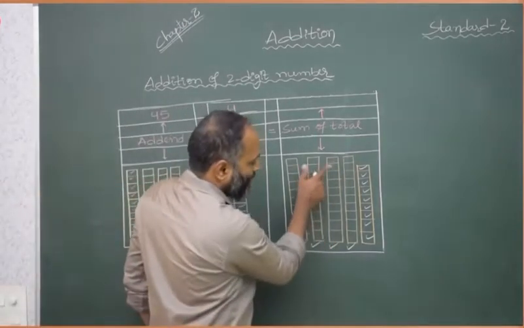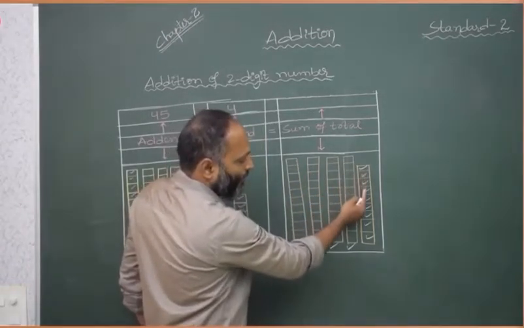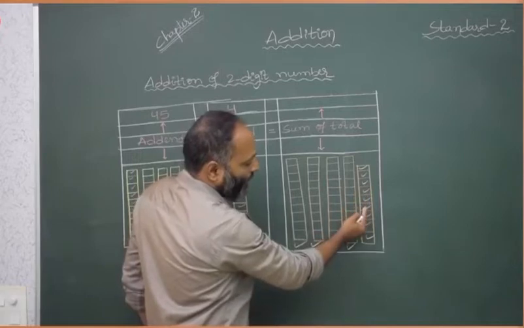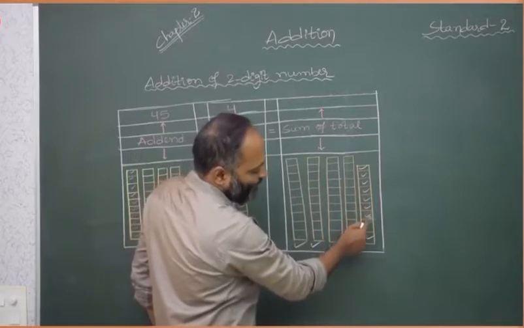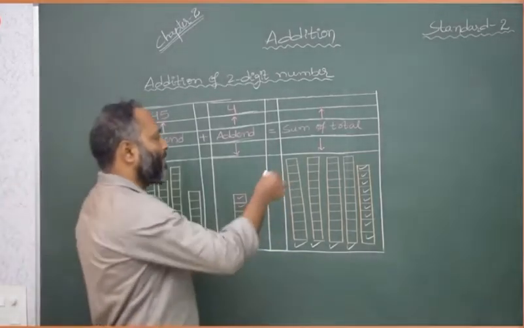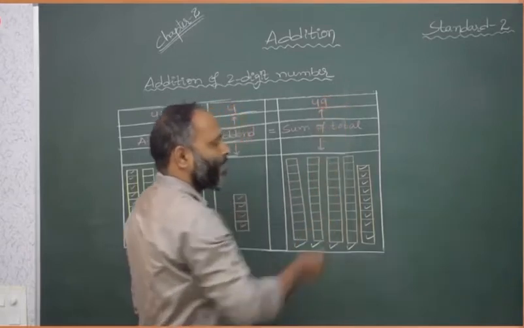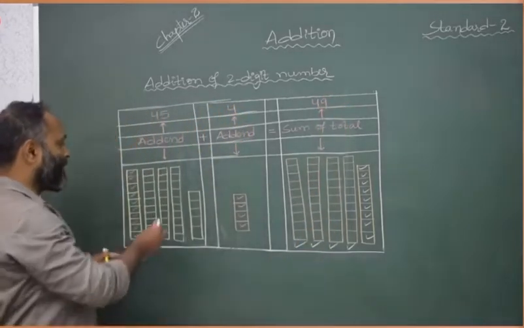Then 40, these complete 4 blocks are nothing but 40, 41, 42, 43, 44, 45, 46, 47, 48 and 49. The answer is 49. This is our sum. This is our first addend.